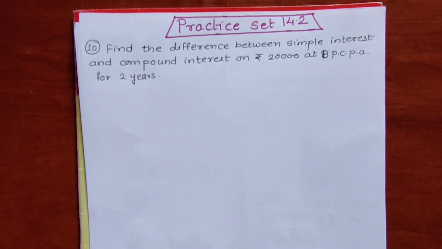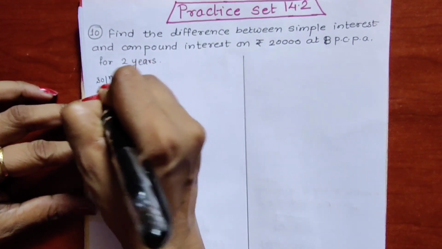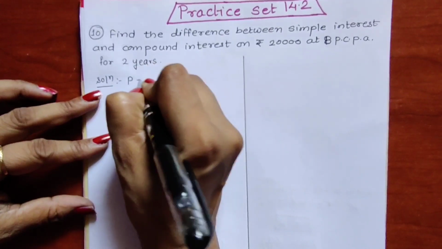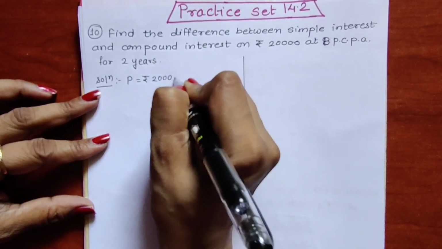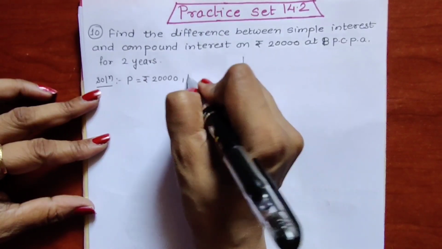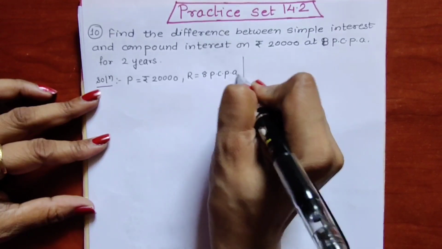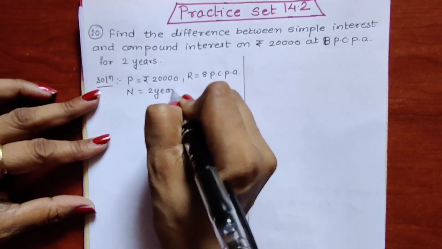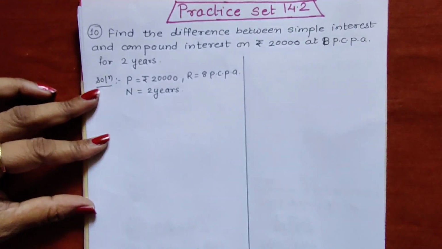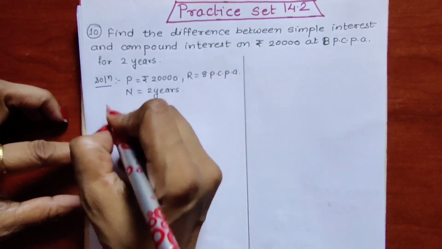So now first we have to write the values. P value is rupees 20,000. R is 8 PCPA and number of years are 2 years. Now we will first find out the simple interest, and then we will find out compound interest, and then we can get the difference between simple interest and compound interest.